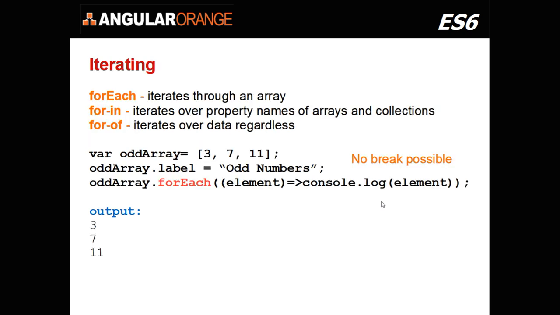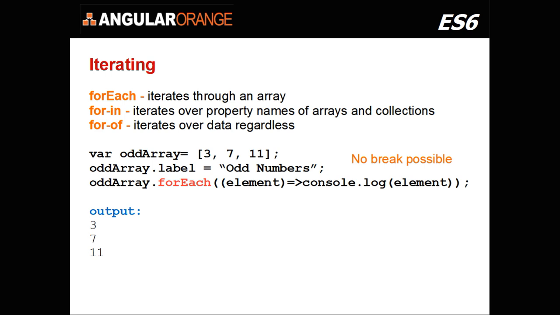Okay, so iterating. forEach iterates through an array. for-in iterates over property names of arrays and collections, and for-of iterates over data regardless. So let's suppose you have an odd array, 3, 7, and 11, and you define a label property called oddNumbers.